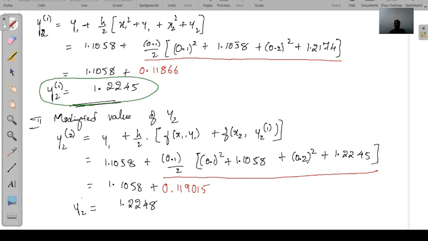So this is the second modified value. Let us see whether there is an increment until the fourth decimal place. No, we don't have. We are having variation in our fourth decimal place. So that's why we have to go for one more modified value.